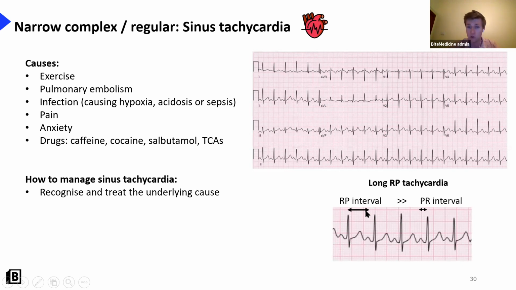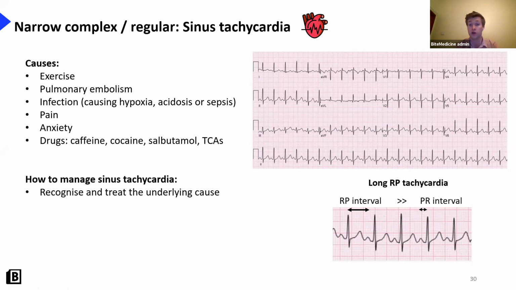And you note that down as the RP interval. Next thing you do is you look at your PR interval, okay? So P to R. And if the RP interval is longer than the PR interval, that could be further evidence that this is a sinus tachycardia. Now, there are some pathological causes of long RP tachycardia. The reason I'd say it's important to do it is because if you have a short RP tachycardia, that would exclude sinus tachy.